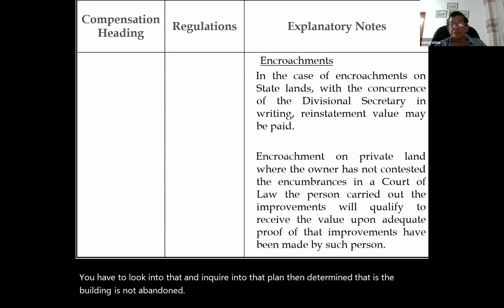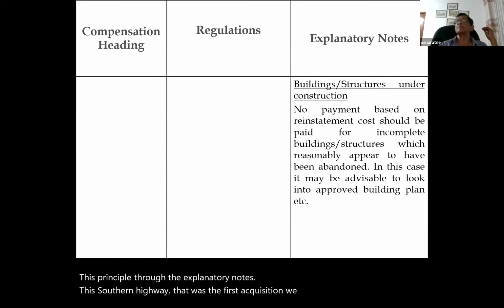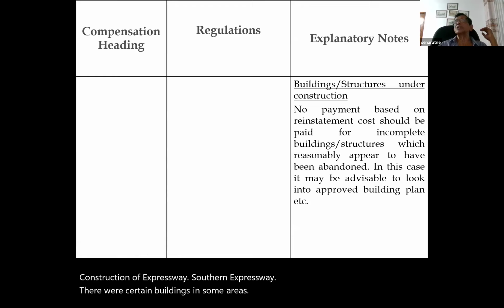Because this principle, or the explanatory notes, were made, you know, on the Southern Highway, that was the first acquisition we had for the construction of an expressway, the Southern Expressway. There were certain buildings in some areas, the ancestral houses, parents are dead and gone, children are living in Colombo cities.